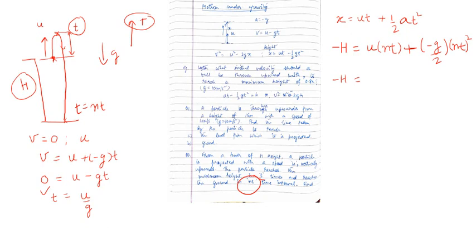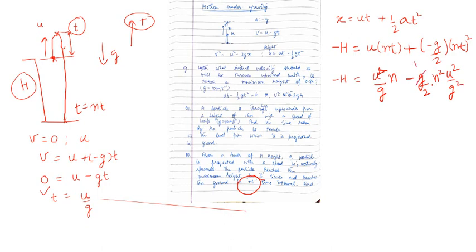So when we substitute u by g over there, we get u square by g into n, minus g by 2 n square u square by g square.